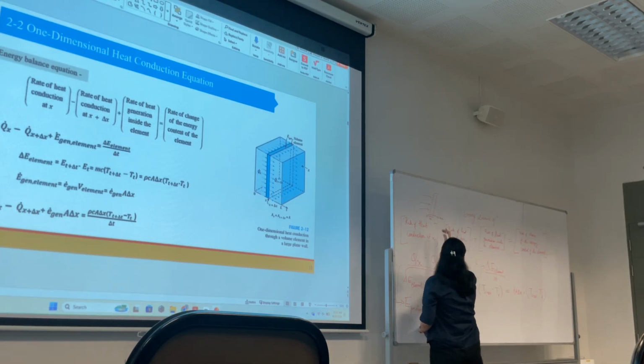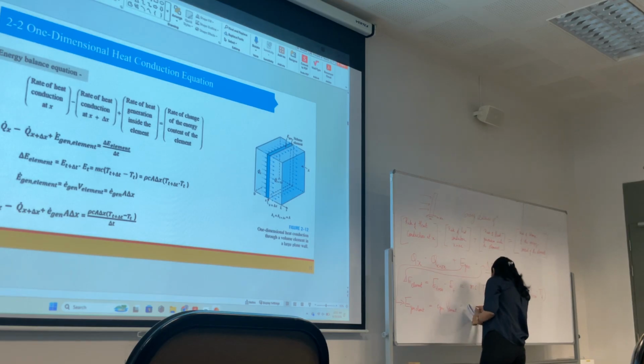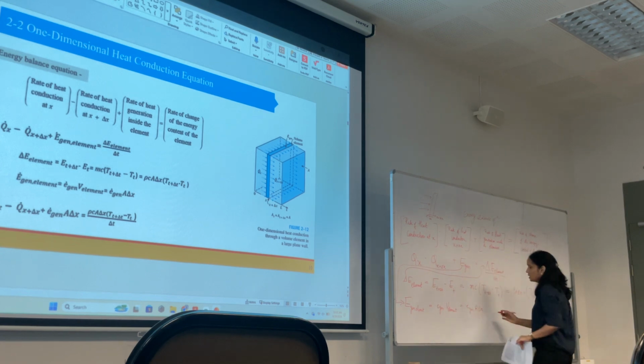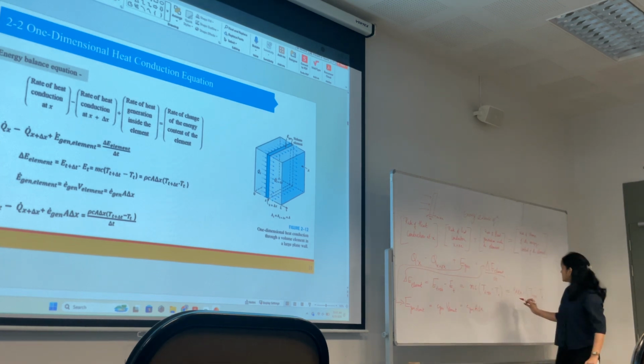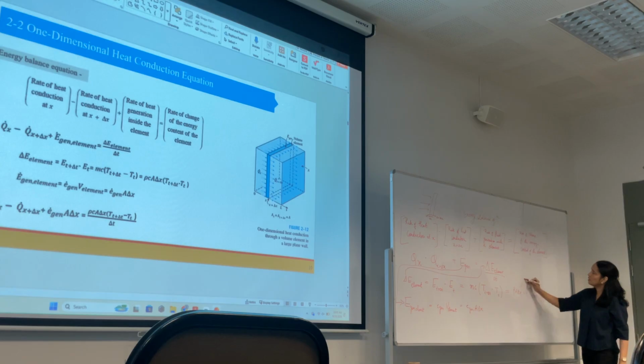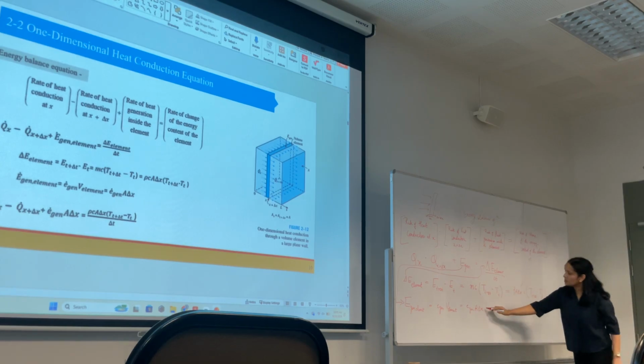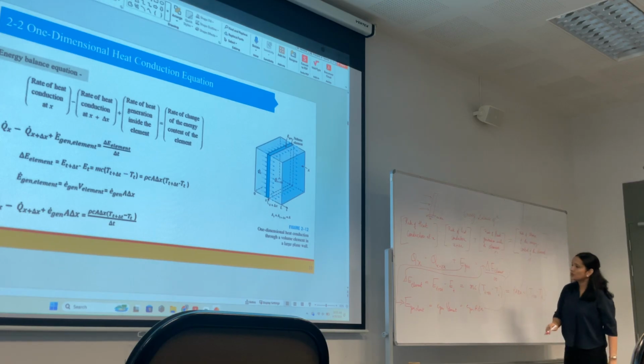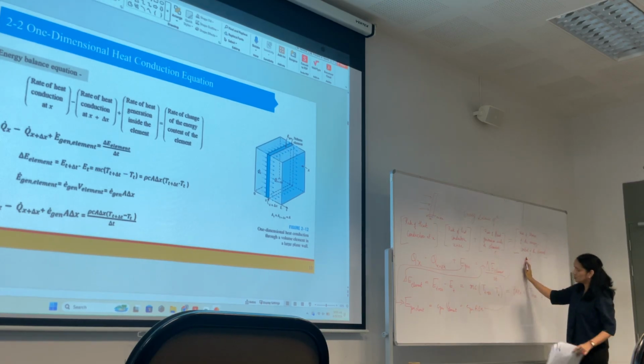Volume of the shape. Area. Now we substitute this value. Okay. Here. This value. Here. Okay. Substitute these values. These two.